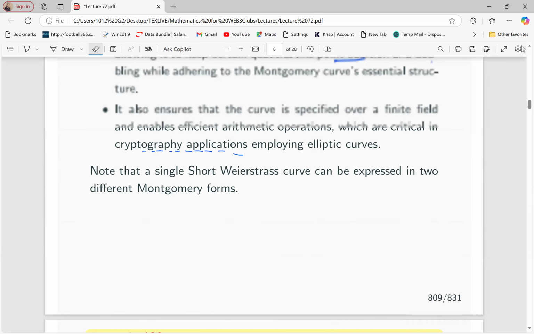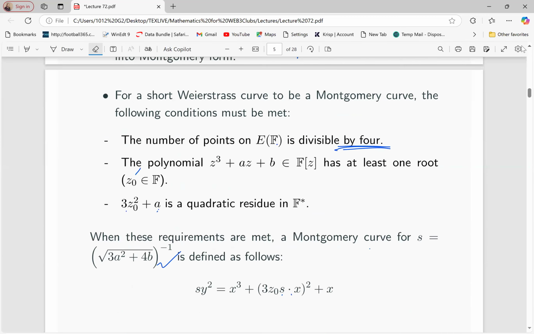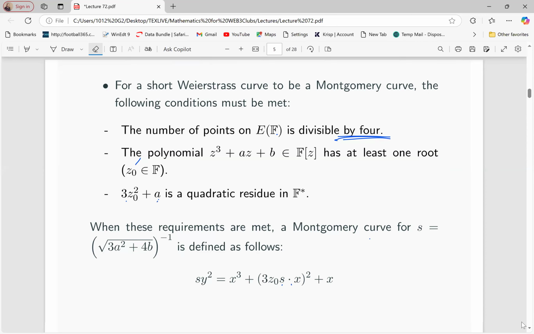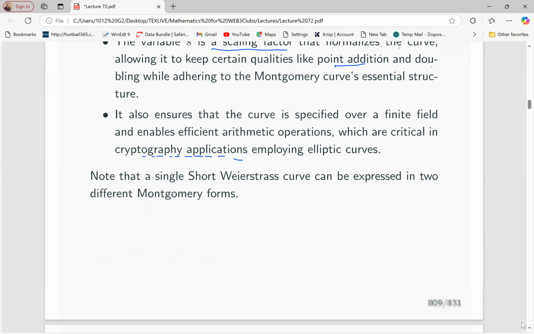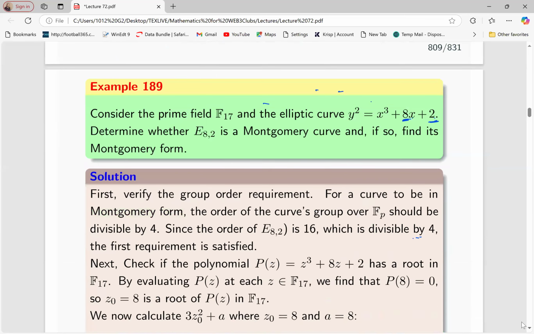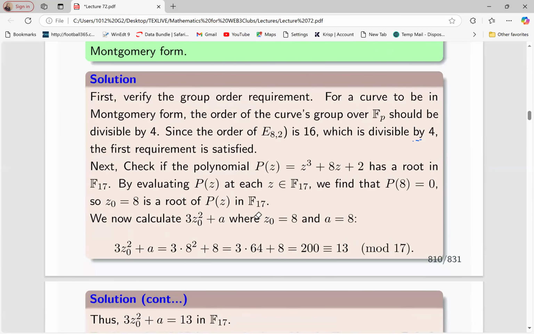Let's just go back there. Yes, it says the polynomial should have at least one root. It's not saying that you find all the roots, just ascertain that it has at least one root. We've ascertained that it has one root at least, and the root we found is 8.